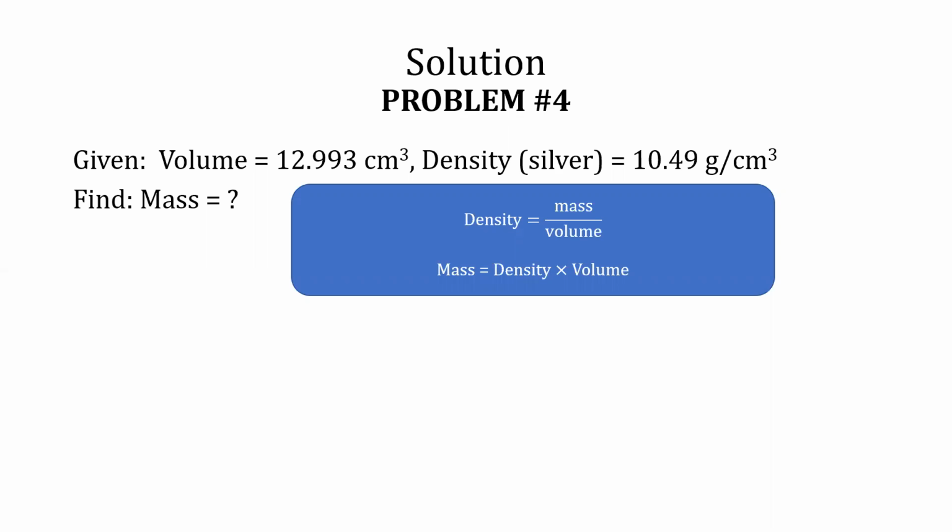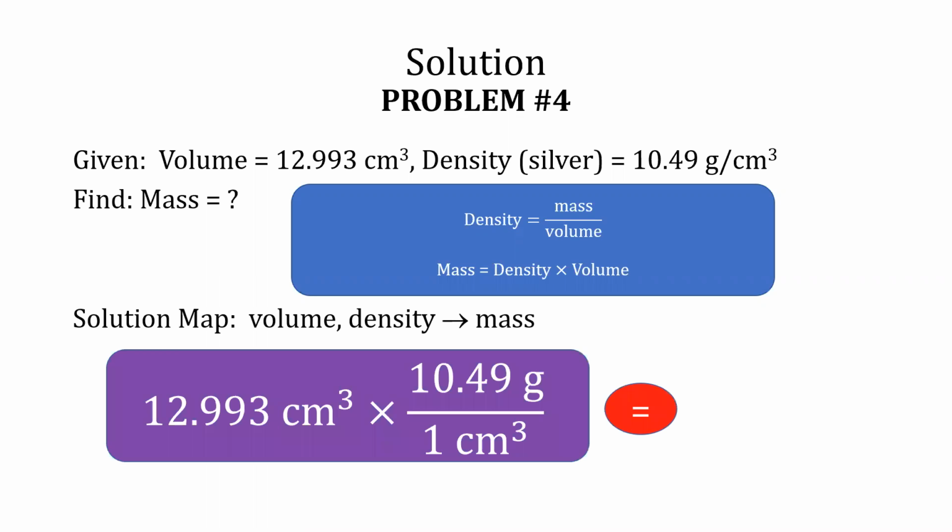So since density equals mass divided by volume, if one multiplies both sides by volume, mass equals density times volume. The solution map is volume and density to mass.